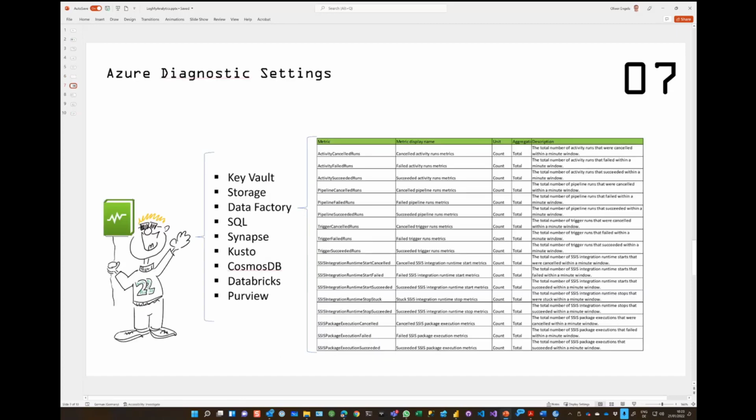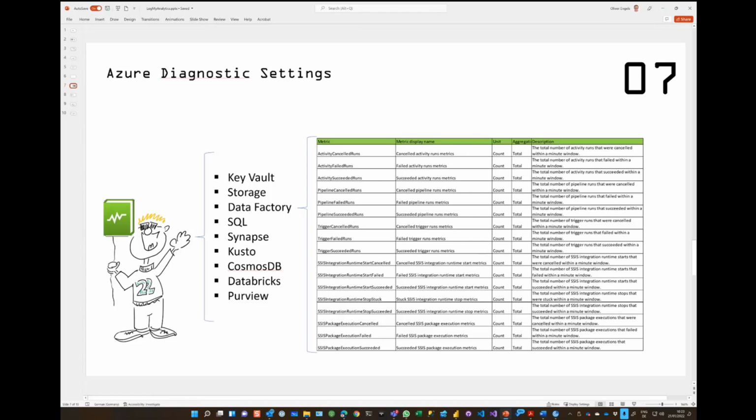Now, having a look at what kind of data is provided by each of the services. Each of the services has a different portfolio of metrics that they provide, maybe specific to them. You also have that for the Azure environment itself, for your subscription, etc. So every deployment you do into the subscription will be tracked as well.